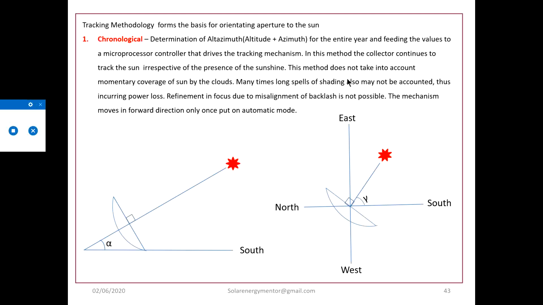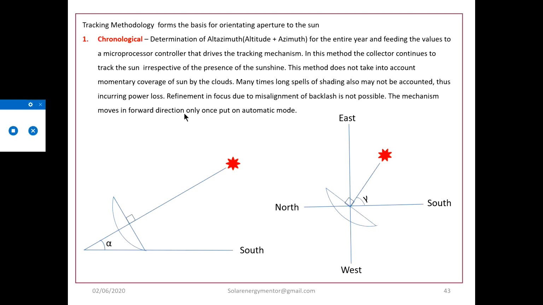This method does not take into account the momentary coverage of the sun by clouds. Sometimes a patch of cloud covers the sun, and there will be shadow on the collector. But this chronological method of tracking doesn't take into account that cloud.